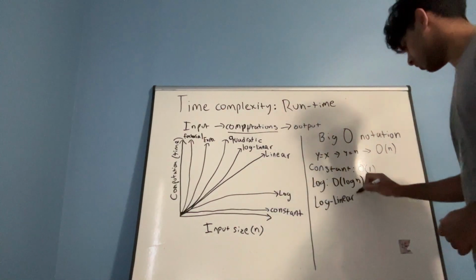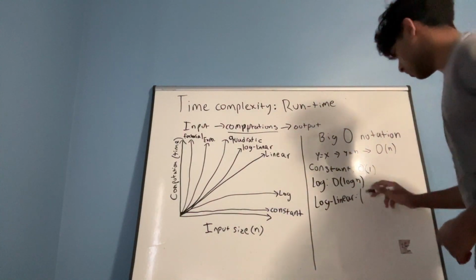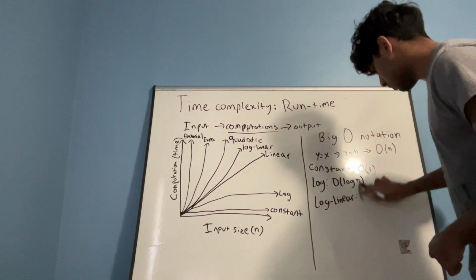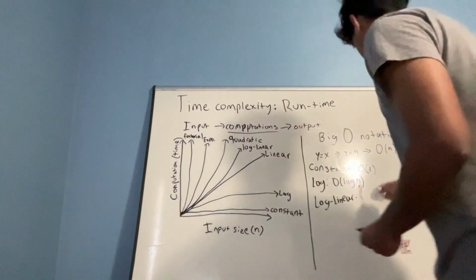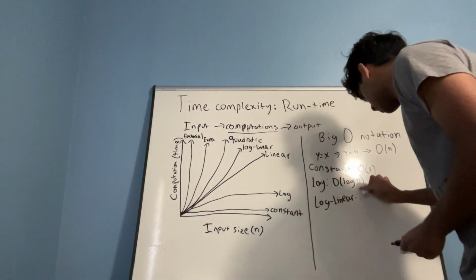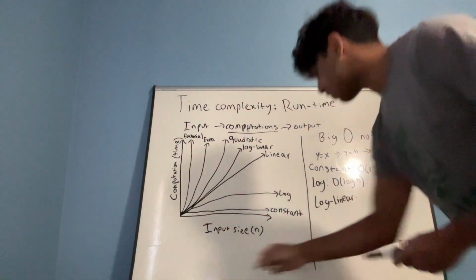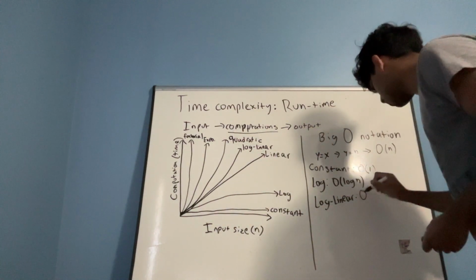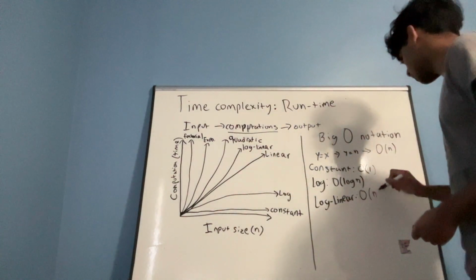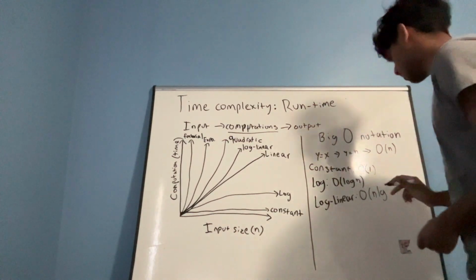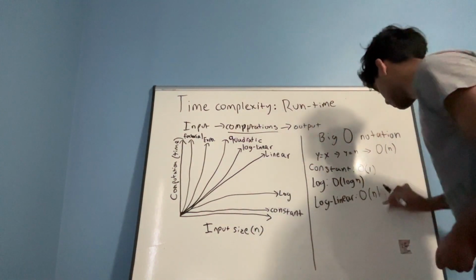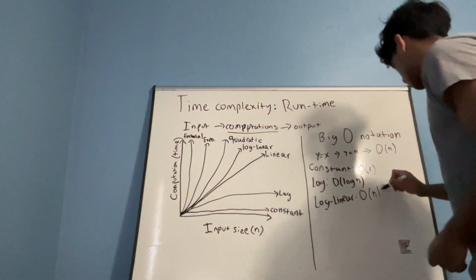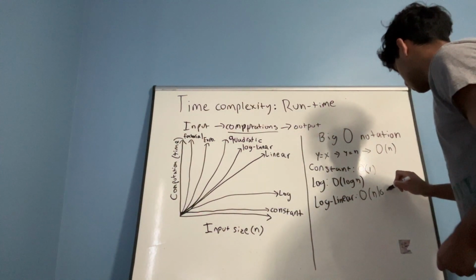Log linear is just O of n log n. So you can see where we got our name from.